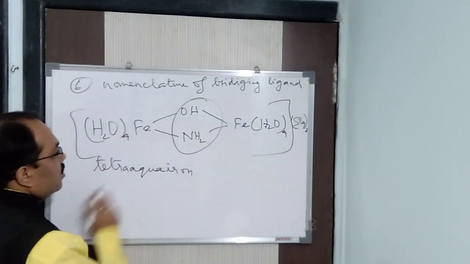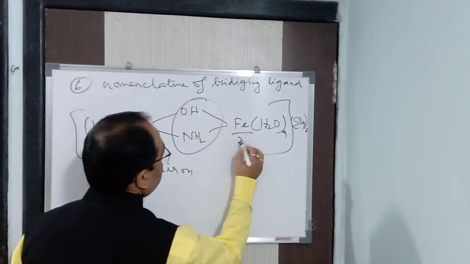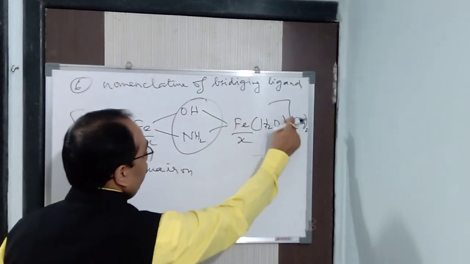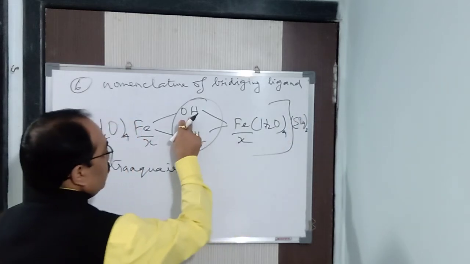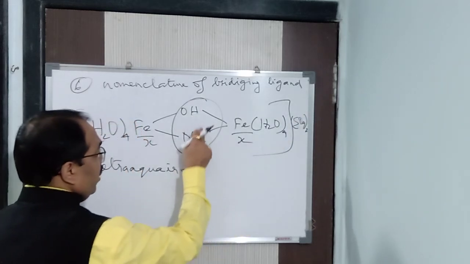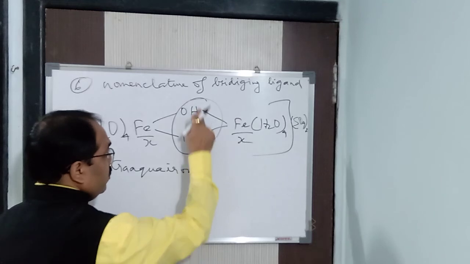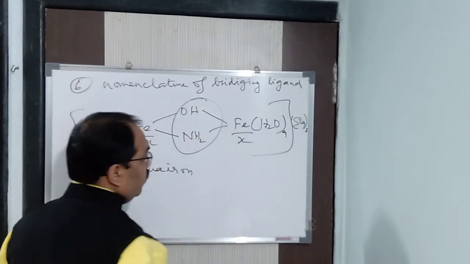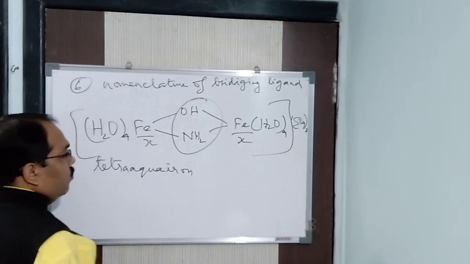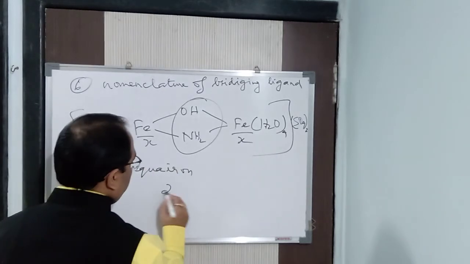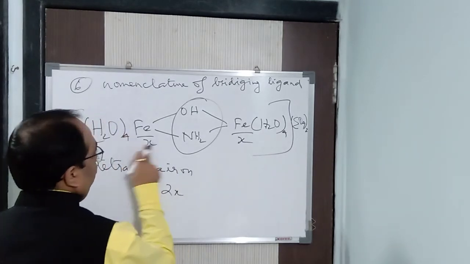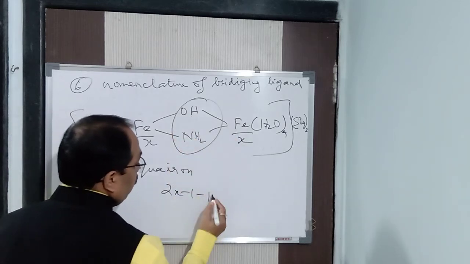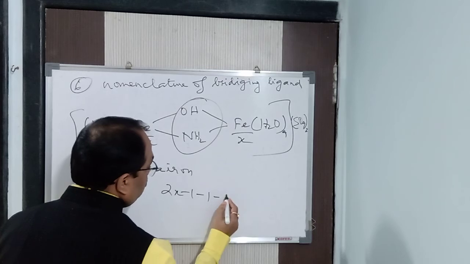So how to find the oxidation number? I take it as x. This is neutral, 0, this is neutral, 0, sulfate is -2 and OH is -1, NH2 is -1. So sulfate is -2, and two sulfates is -4. So 2x, -1, -1, -1, -1, then -2 into 2, that is -4.